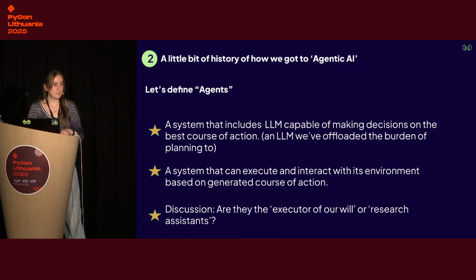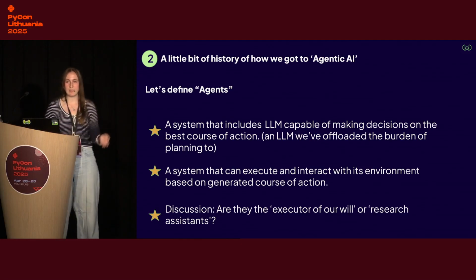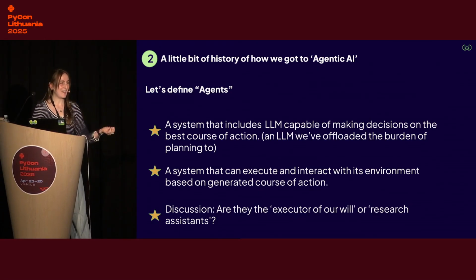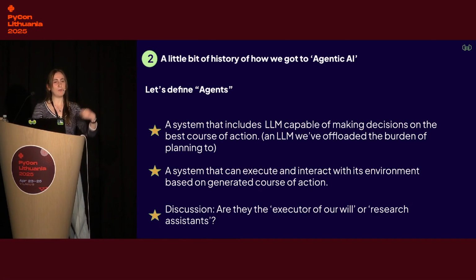The next thing I would say makes agentic AI is that it's a system that's capable of interacting with its environment, in quotes, so interacting with tools and knowledge bases that are available to it. And this is a very interesting discussion nowadays, again, in my view. I know it sounds awful, the executors of our will, but I couldn't figure out a better way to describe this. But do we want agentic AI to perform actions on our behalf?